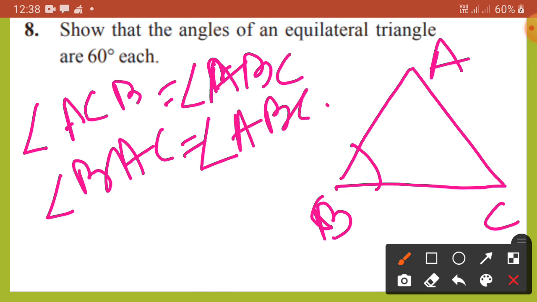So that means this angle and this angle also equal to 60 degree. So angle ACB is equal to 60 and BAC equal to 60. So hence proved that each angle of an equilateral triangle is 60 degree.